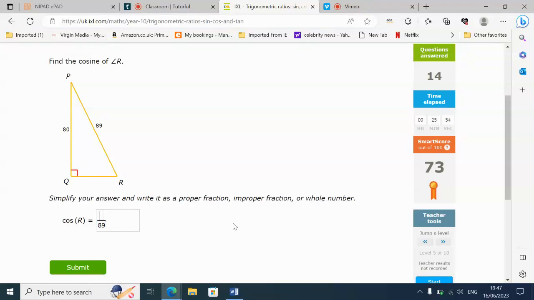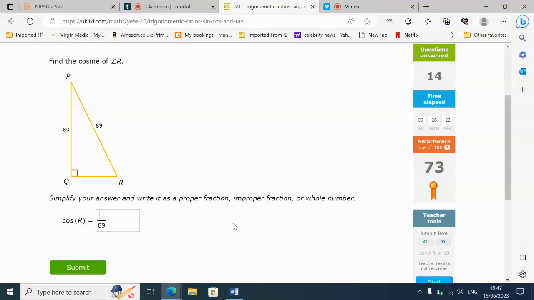What do you do here? So we do c squared minus b squared equals a squared. So first I would do 89 squared, take away 80 squared.